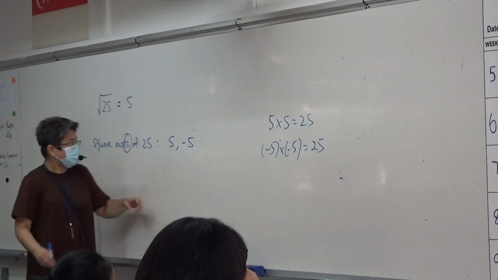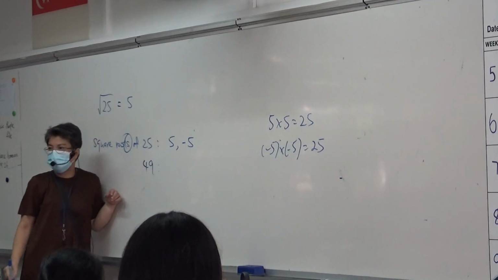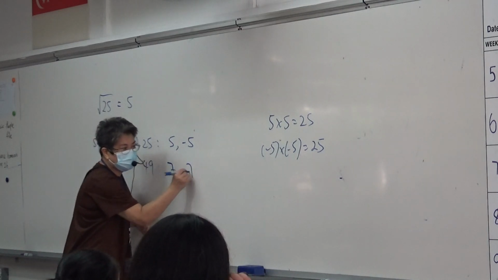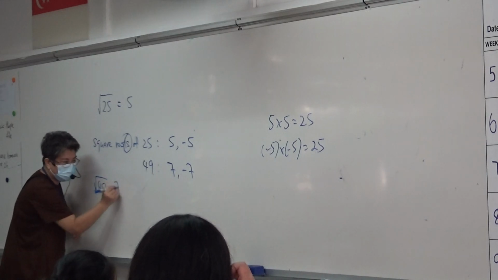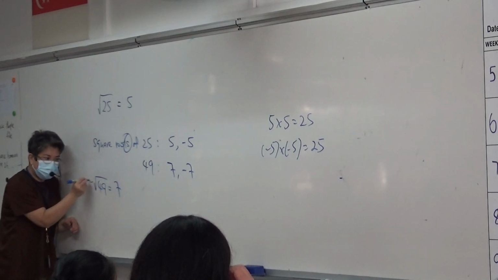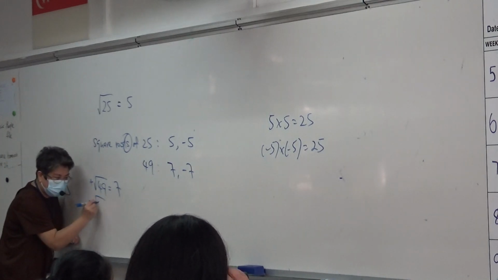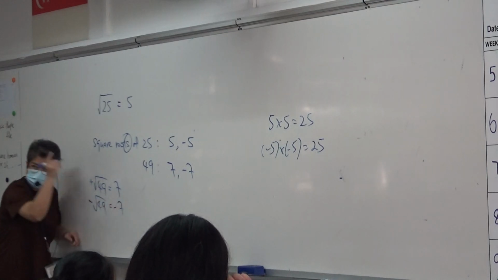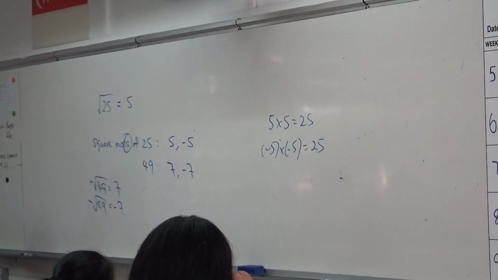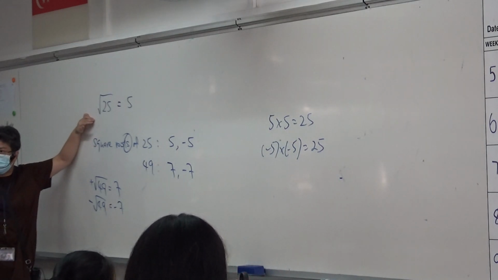Okay? So, what are the square roots of 49? Can you tell me? 7 and negative 7. But if I write it like that, it's just 7. It is already a positive. Understand? Now, what if I write like that? Then this is a negative 7. Are you clear? Are you clear? When we write like that, it's confirmed positive. You don't go and tell me got 2.